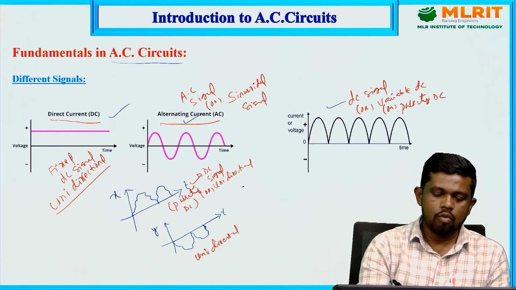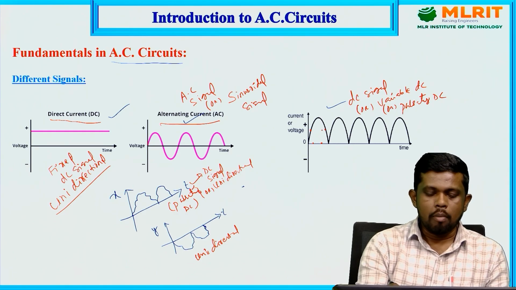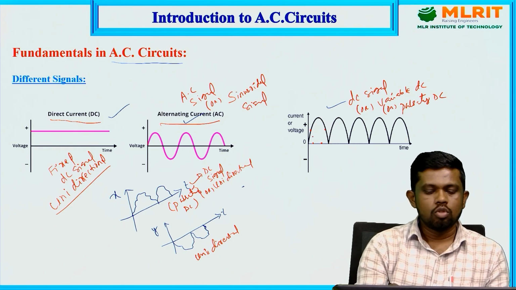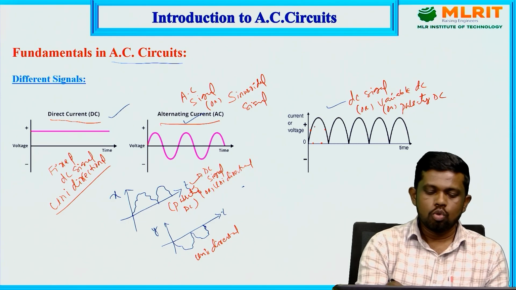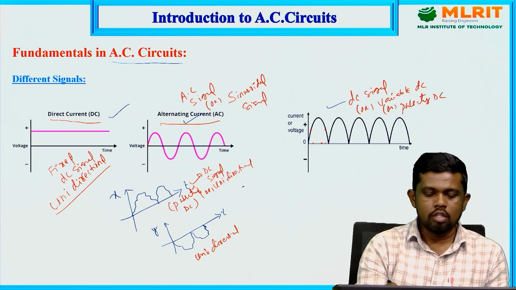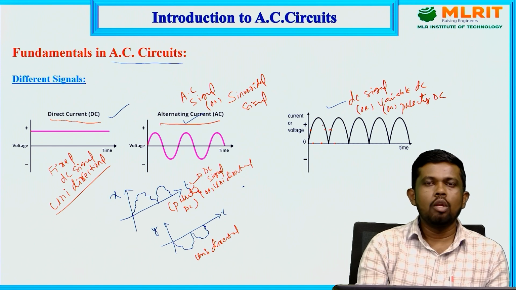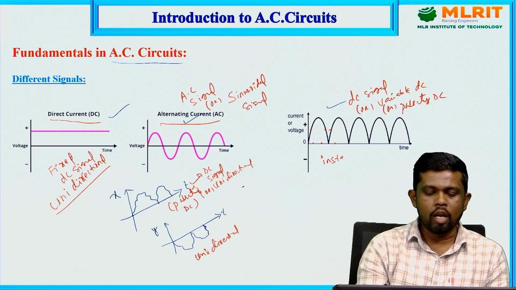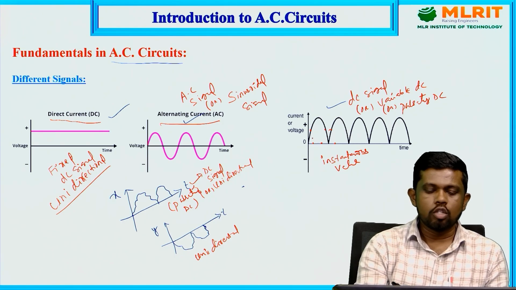The signal value at this corresponding instant is one value of the signal, and these are the values of the signal at different instants. Simply, they are called instantaneous values. These are the instantaneous values of the signal.